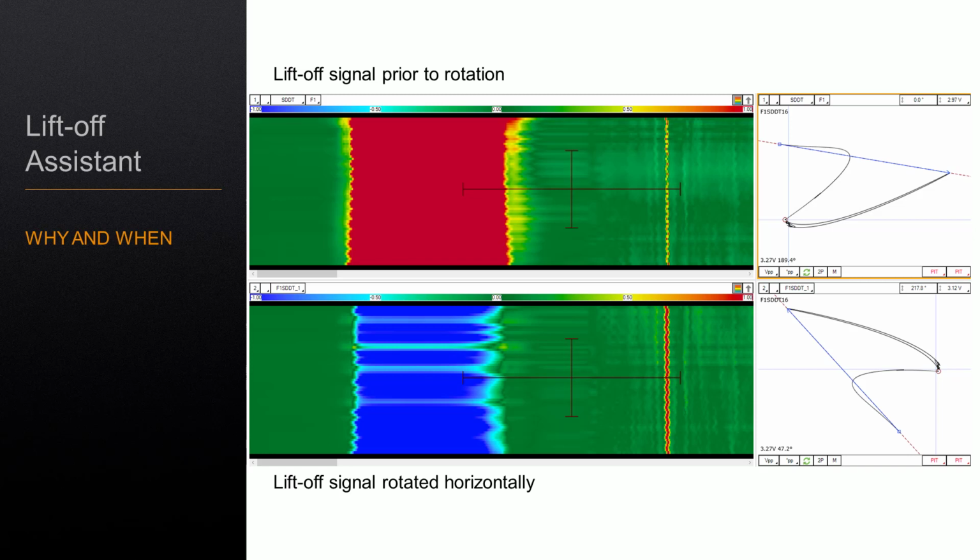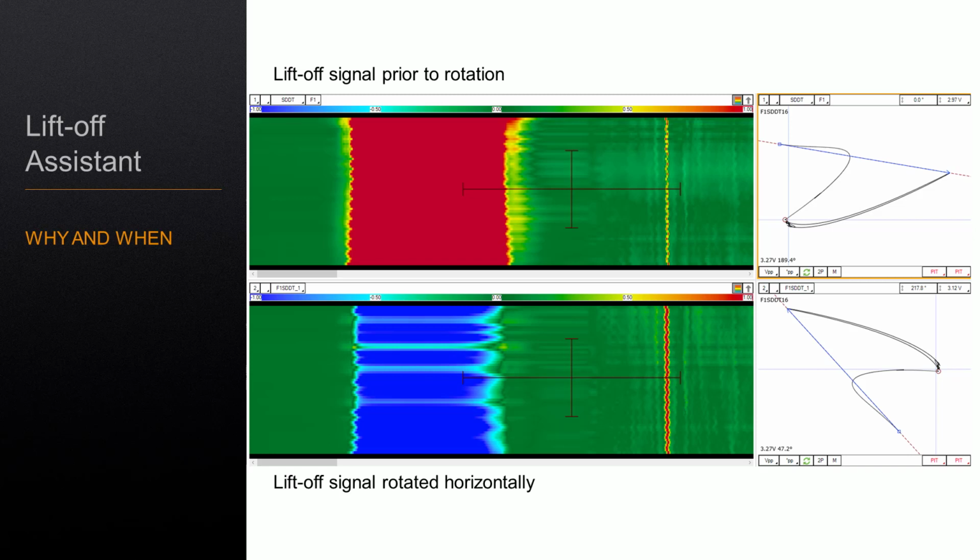But in some specific or more challenging applications, a different reference signal can be used, for example the background noise coming from permeability changes. So if the liftoff is well controlled, but we only have noise coming from permeability changes, that could be the reference signal we want to rotate.